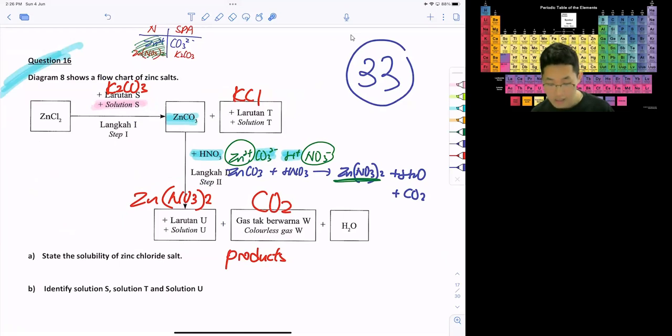Okay, we all look at, you see which one is easier? Where is the one that wants to find reactant already? Let me see. Okay, page 37.